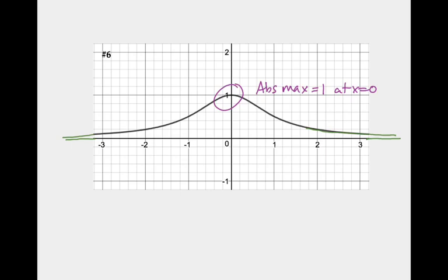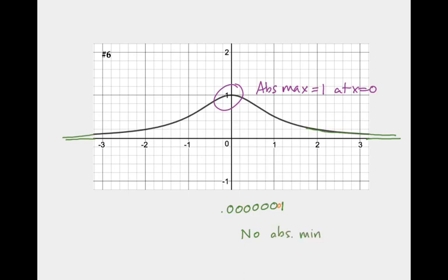Okay, so any tiny value just above the x-axis that you might pick to be the lowest y-coordinate, I could come in here and put another 0 in there. I could always make an extra 0 in there. So this one likewise has no absolute min.